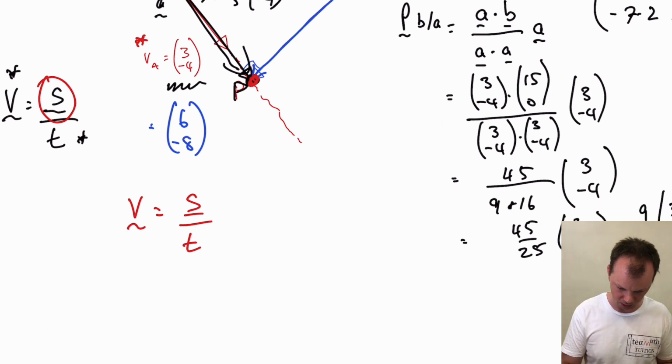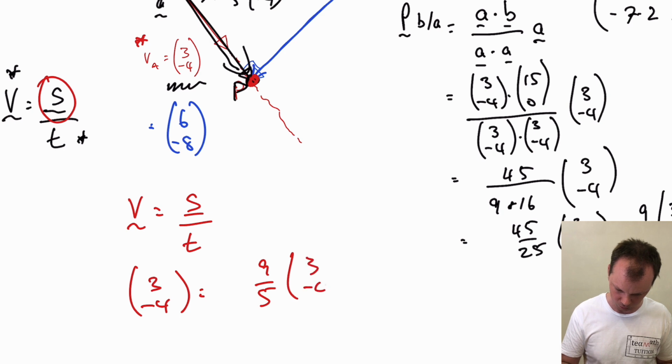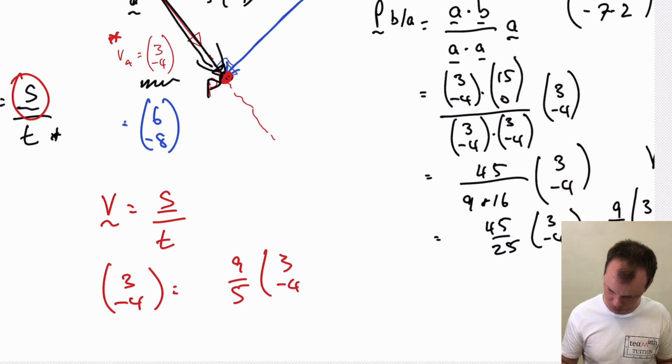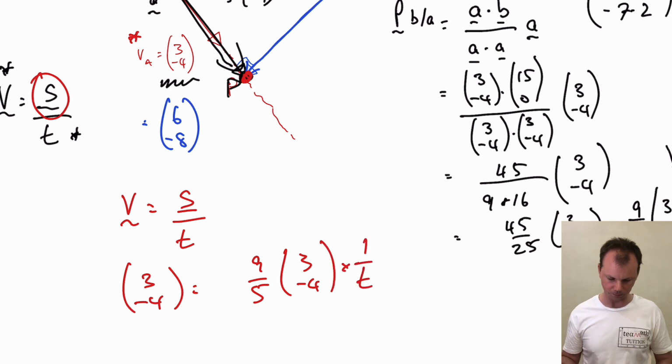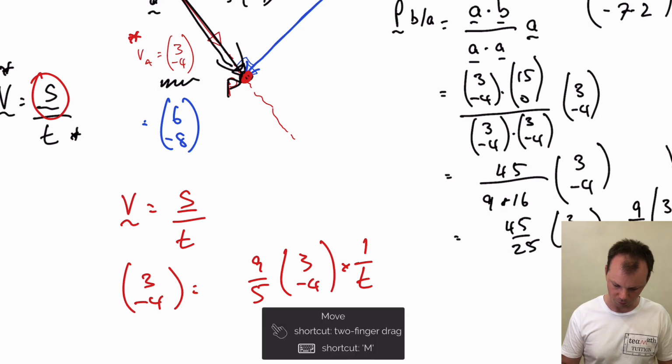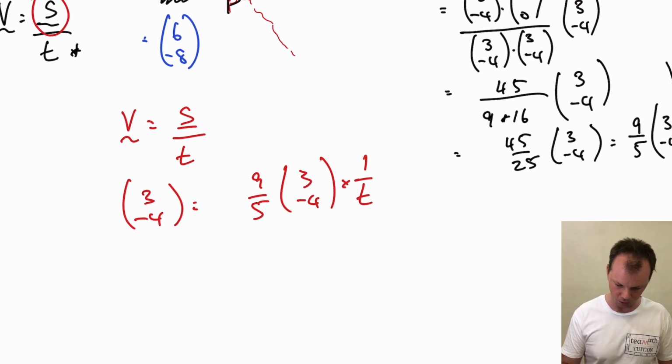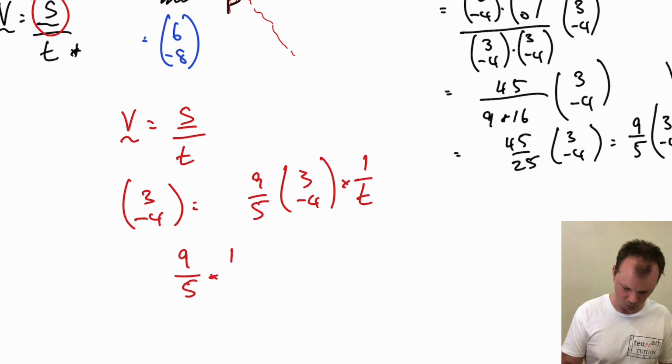So our velocity is 3, negative 4, equals 9 on 5, 3, negative 4, times 1 on t. For both of these to be equal, 9 on 5 times 1 on t must equal 1.